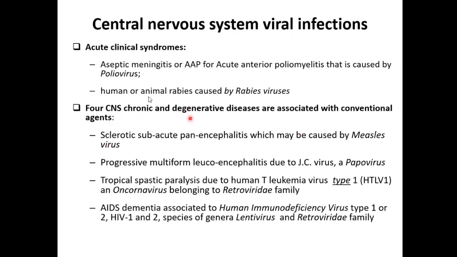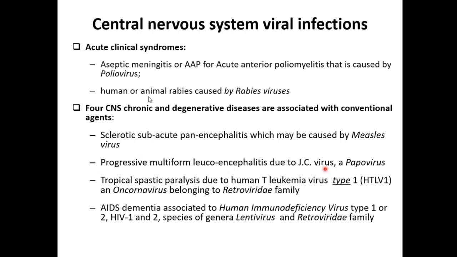So the chronic and degenerative diseases are most commonly associated with conventional agents. There is no such proof that only measles causes subacute sclerosing panencephalitis. Some other viruses may cause this, but we associate it because measles is the most often cause of this condition.